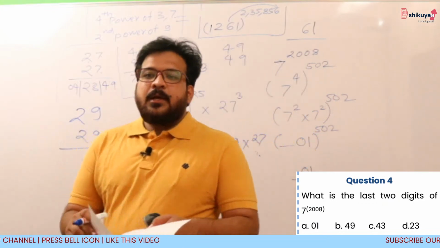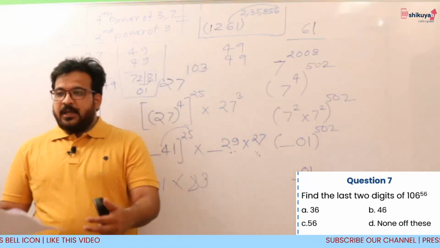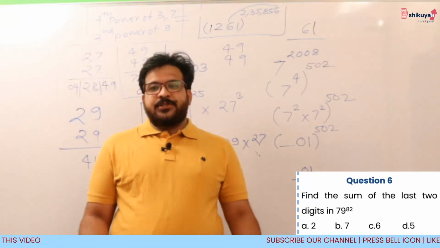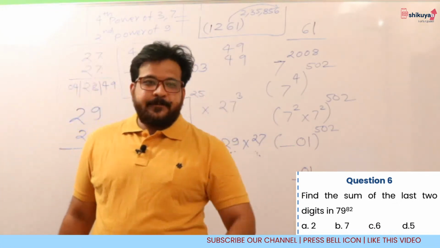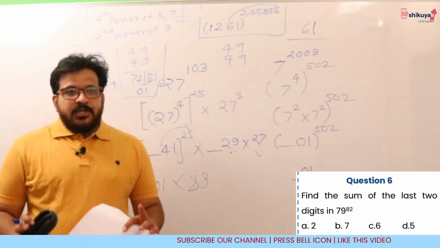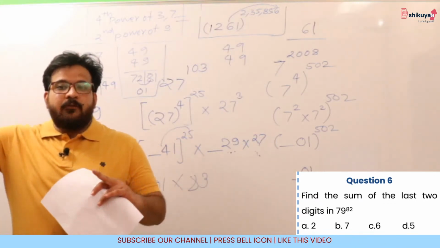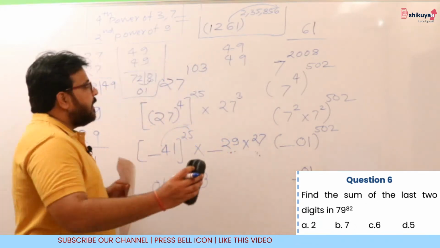Ajay sir, please bring 7th problem on the screen. 79 raised to 82. Yes. Now even if all of you can do this, what you have to do? You just write 79 raised to 2 raised to 41. So that will be 41 into 2 is 82, correct? Let me write.